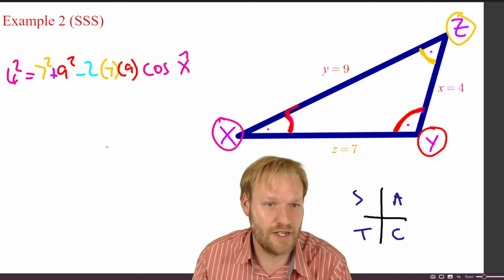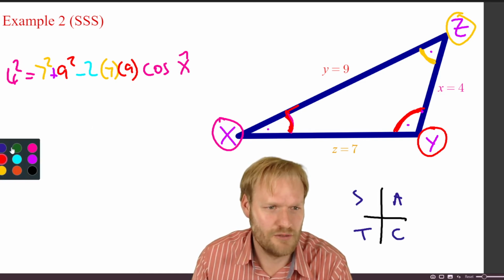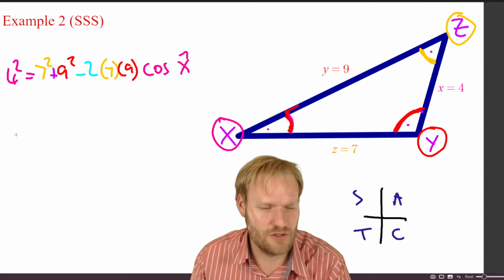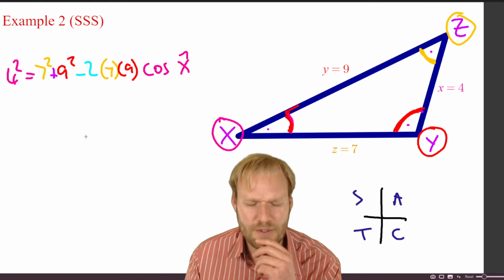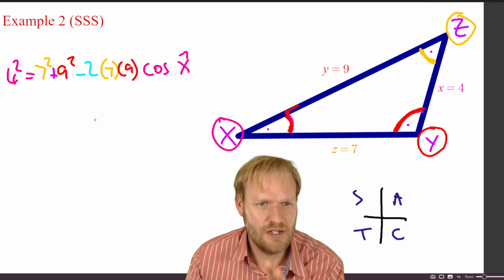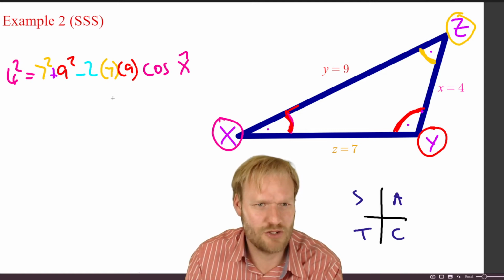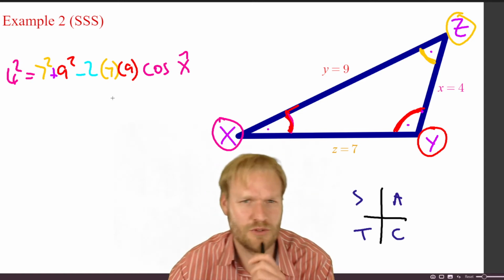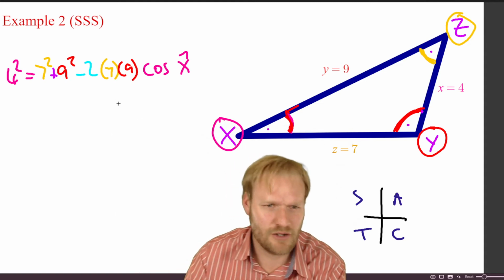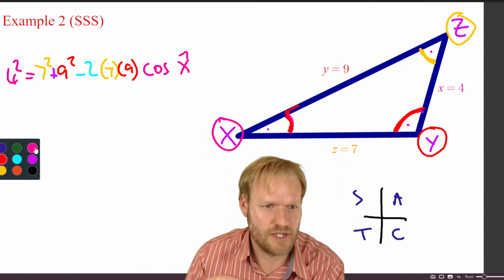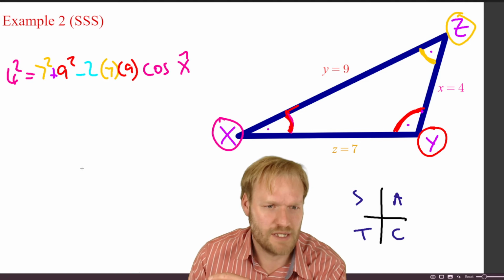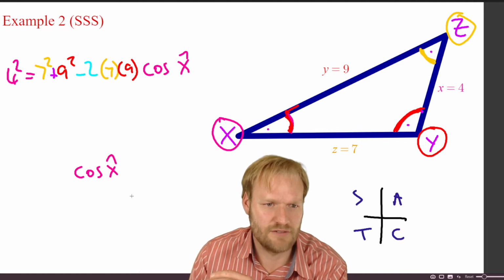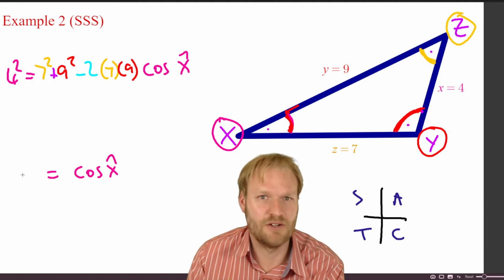So let's think through this rearrangement. How confident do you feel? Try to do it and then respond with your confidence level of rearranging this equation so that you've got cos x on this side equals something on this side.